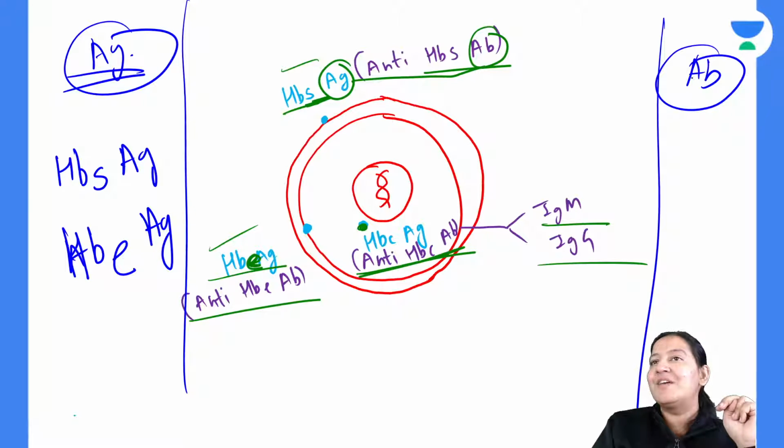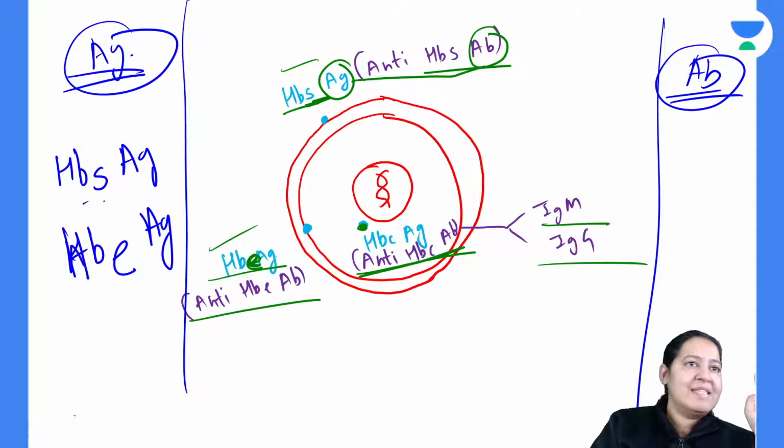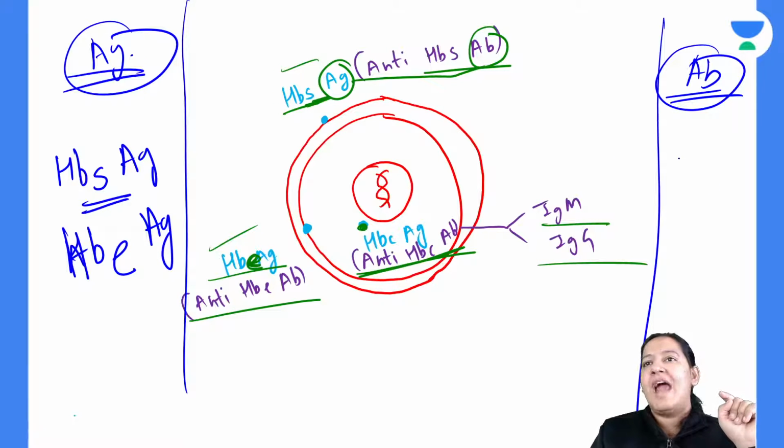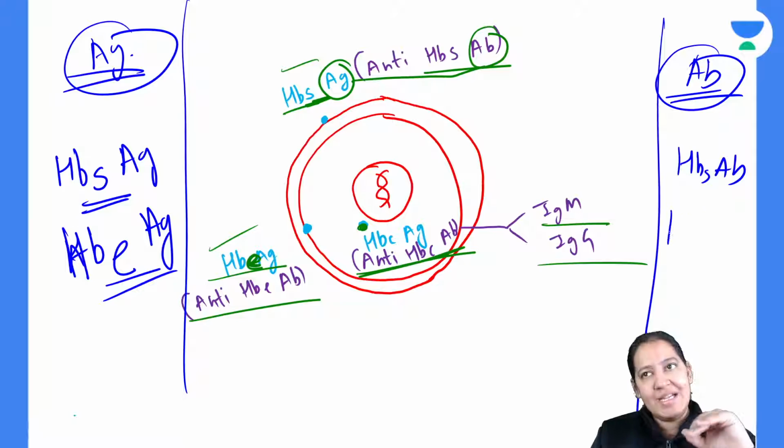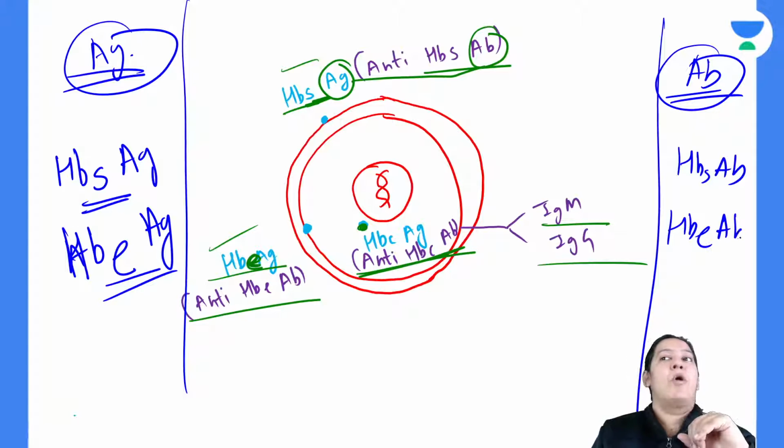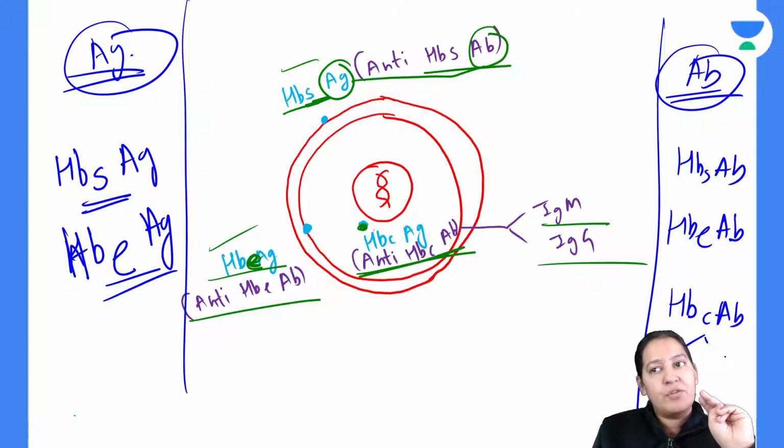There are 4 antibodies present in the blood. One is against S, the anti-HBs antibody. One is against E, the anti-HBe antibody. C is not coming in the blood, but its antibody will be formed, and it is of two types: anti-HBc IgM and IgG.